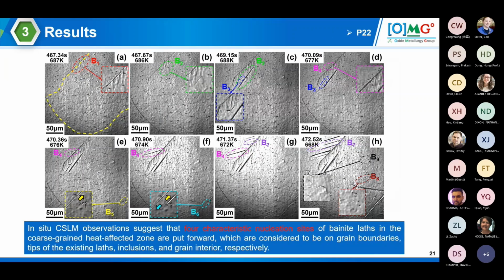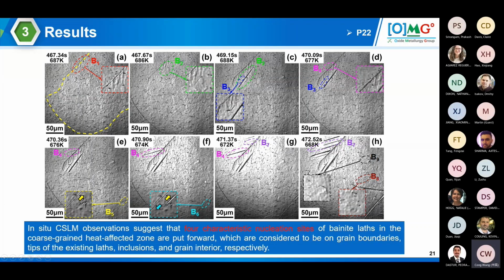And we are moving to P22. What you are seeing is going to be quite similar; the takeaway message is that you also have an array of bainite formations here, and they are also growing along different features: one on the grain boundary, inclusions, and also on the tip of the existing or prior bainite, which is B3 and B4.